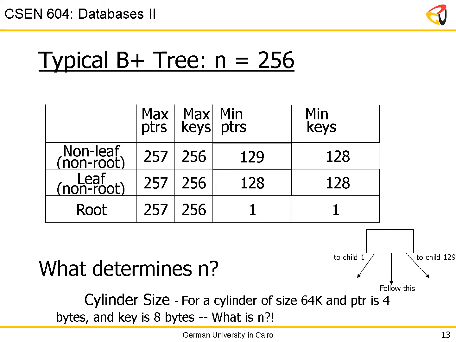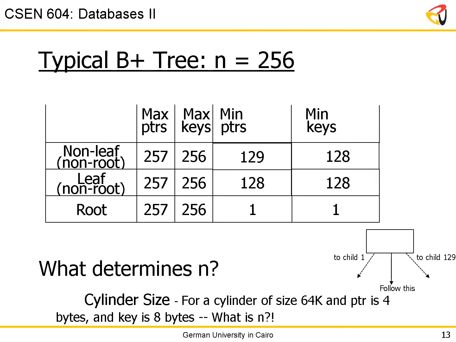In most hard disks nowadays, the cylinder size, as you may recall, varies from 16 kilobytes all the way to 64 kilobytes. So the question becomes, how many keys and references can we squeeze in one cylinder?